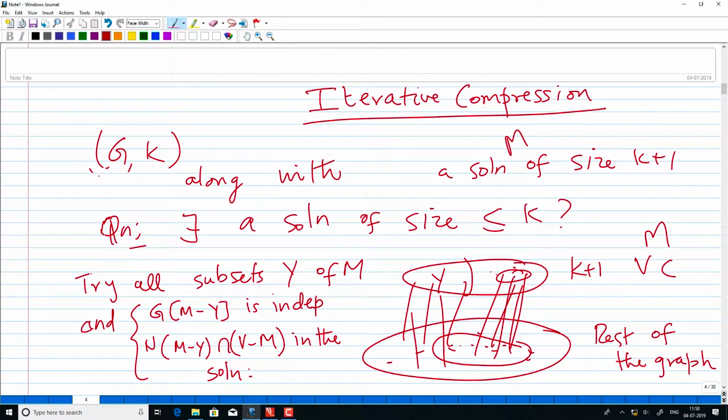So, this is all a polynomial time computation.